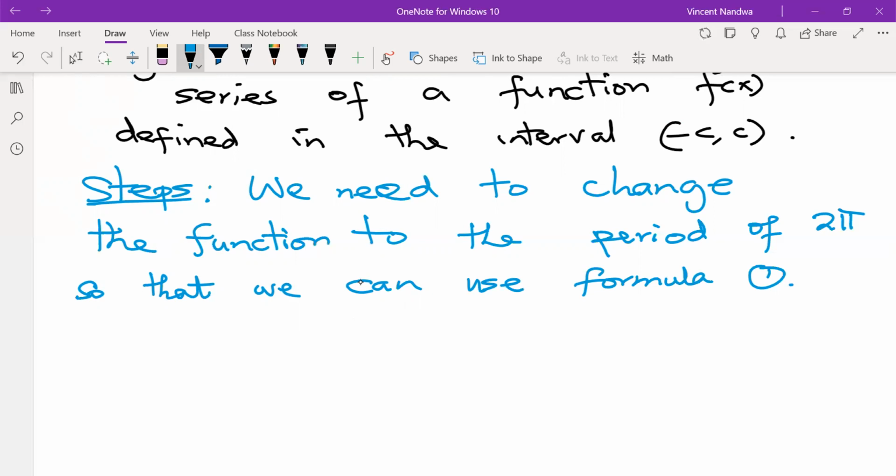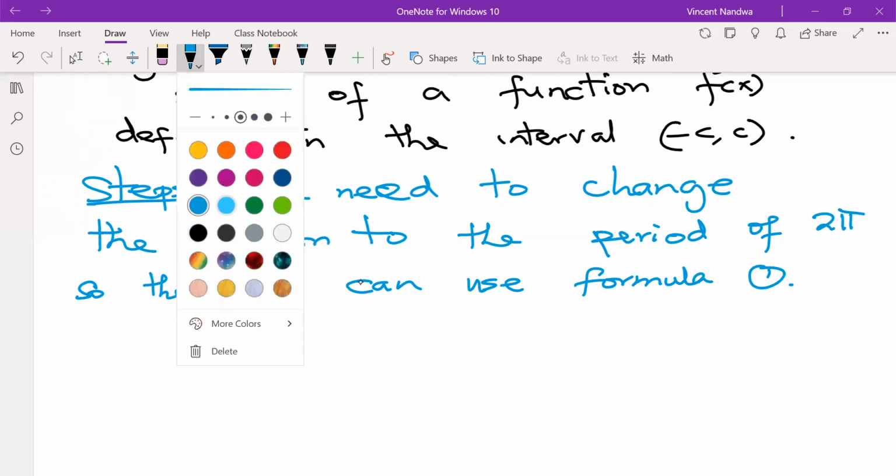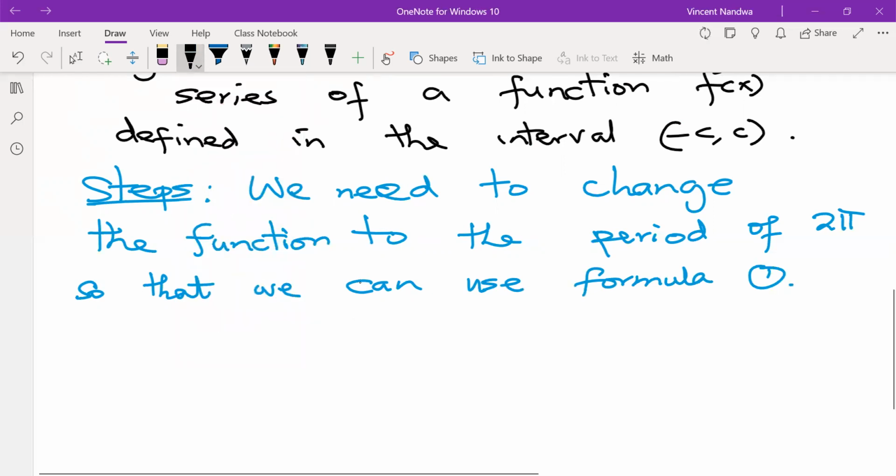Now we do some small manipulations here to see how we can get a transformation that will map values of the function from the interval minus c to c to the interval minus pi to pi.